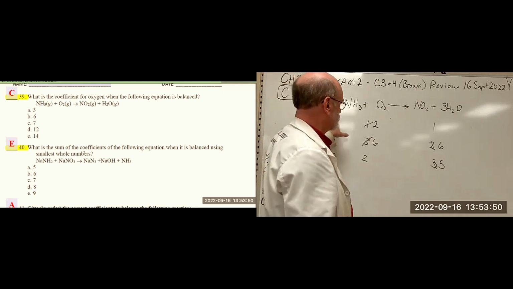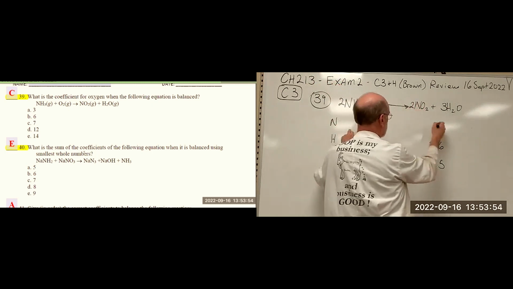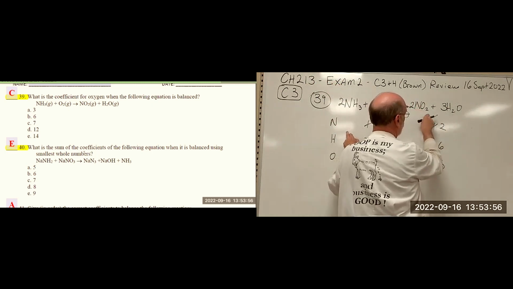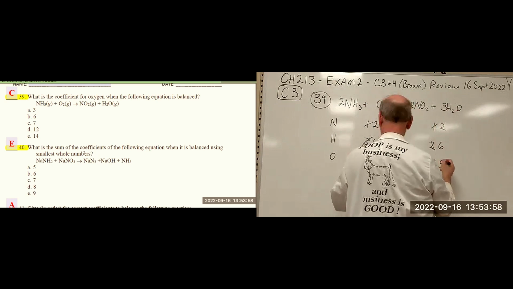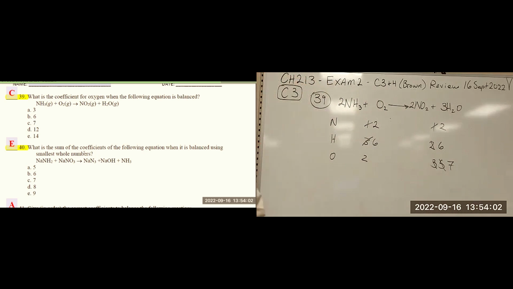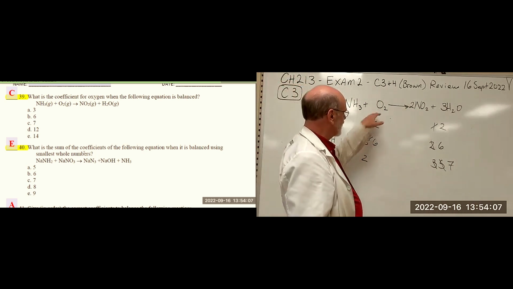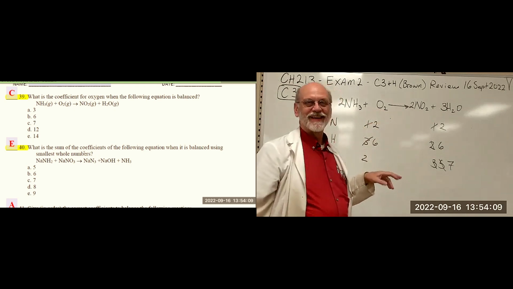Now let's take care of nitrogen over here. So we have 2 there. That's 2 nitrogens. But now we have 4 and 3 is 7 oxygens. So we're down to the last one. How do you get 7 out of O2? Use a fraction.